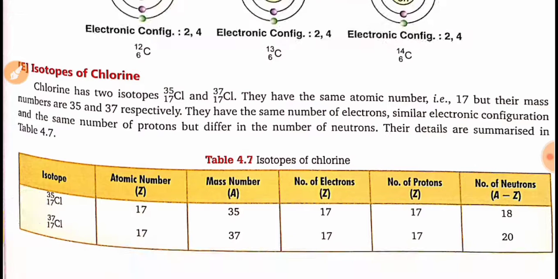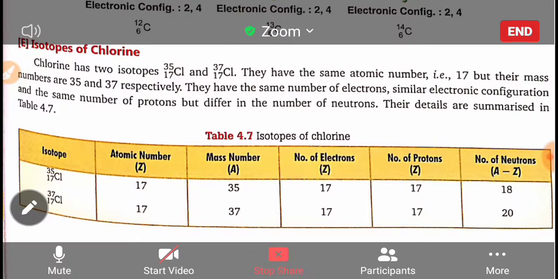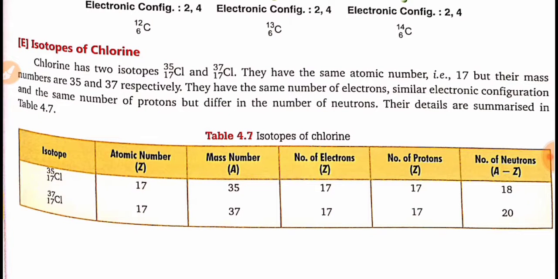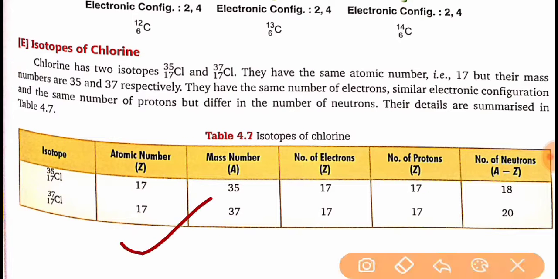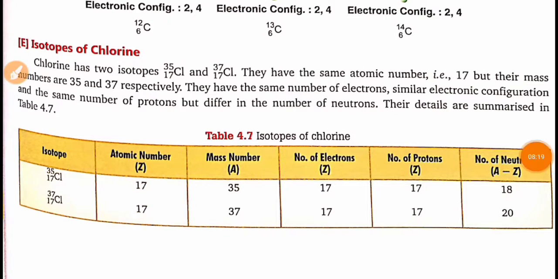Same for the isotopes of chlorine. Chlorine has two isotopes, Cl-35 and Cl-37. Atomic number same but mass number different. So you can easily understand they have the same atomic number, mass number different, so that's why the number of neutrons is also different.